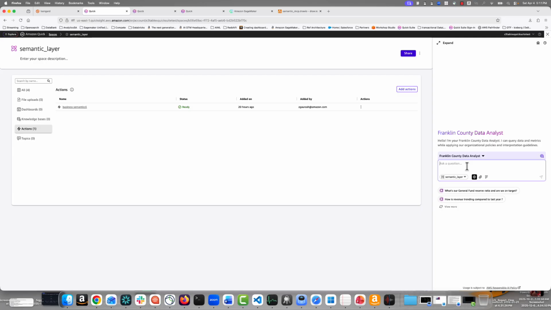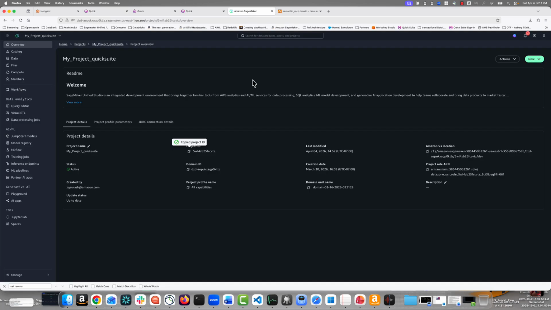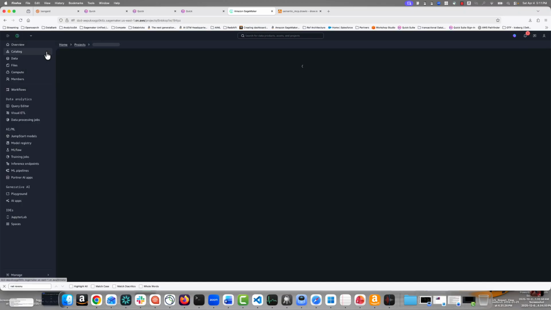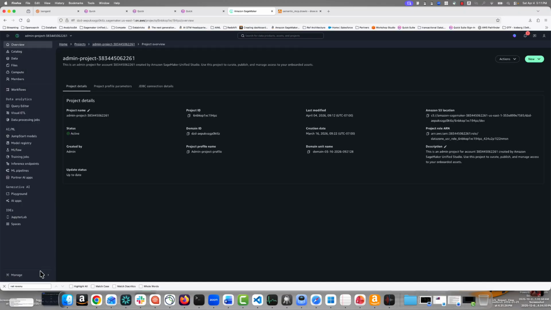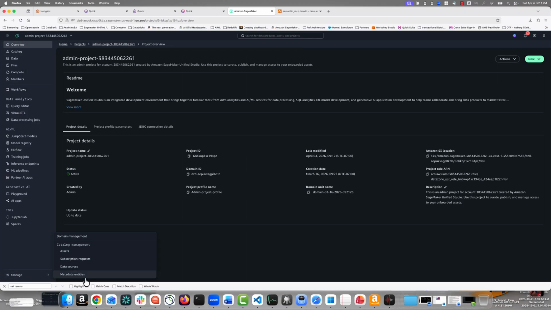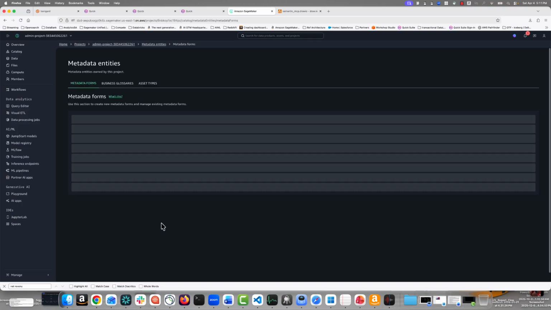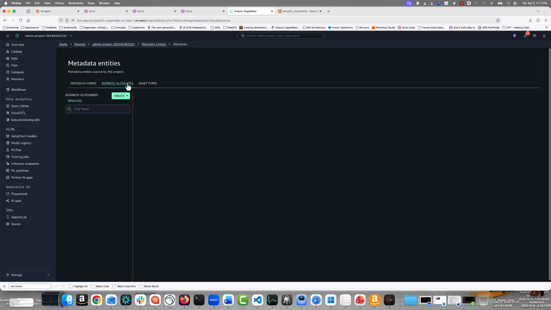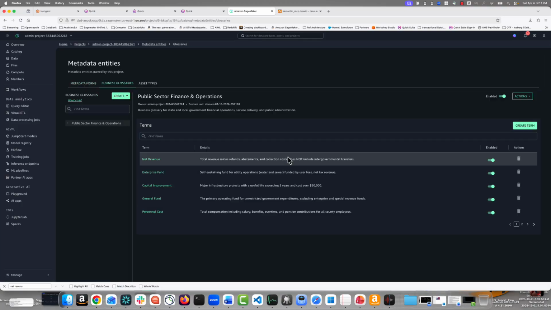Before I push the query, let me show you where I define net revenue. So I'm going to Amazon Sagemaker, and let me go to the admin project. That's where I have defined all the business glossary terms. I go to manage metadata entities, business glossaries, and these are the terms which I have defined, and then eventually attach these terms to the respective Redshift tables.